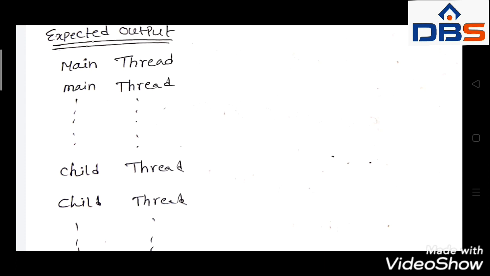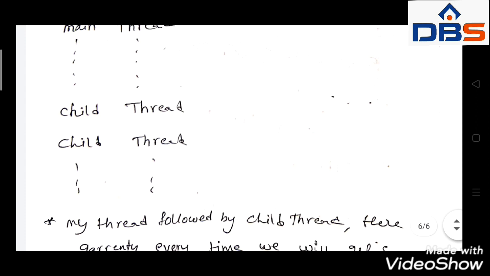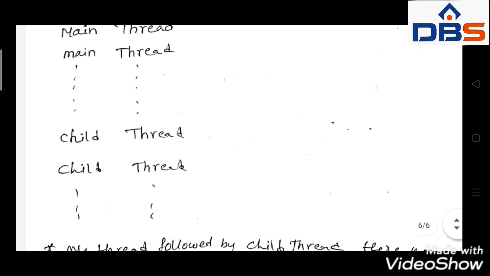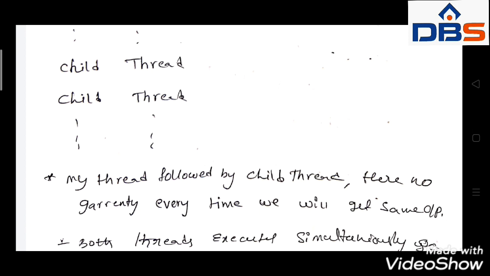This is also a simultaneous execution case. It will not give many different outputs like case 1, case 2, case 3, but it will be in an order like this: either main thread 10 times and then child thread 10 times. Maximum it will print the same output.